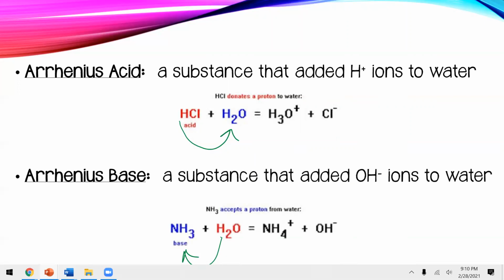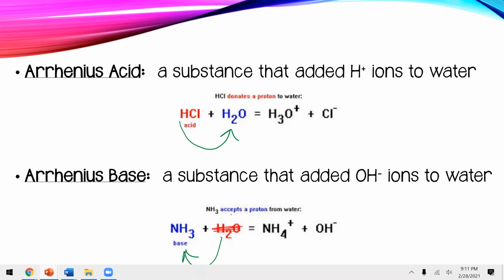And his definition of a base is a substance that adds OH- ions to water. This is a little bit of a different situation than what you've seen, but just remember you can write H2O as HOH. So let me rewrite that for you.